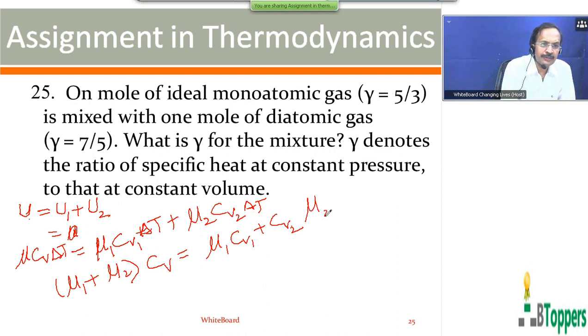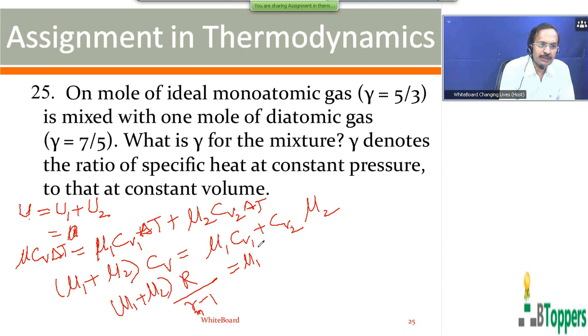Mu1 is the number of moles of the first gas. Mu2 is the number of moles of the second gas. We are asked to find gamma for the mixture. Therefore, mu CV for the mixture of the two gases, you can write as R by gamma minus 1, mu1 CV1 plus mu2 CV2. Here gamma M denotes the value of gamma for the mixture.